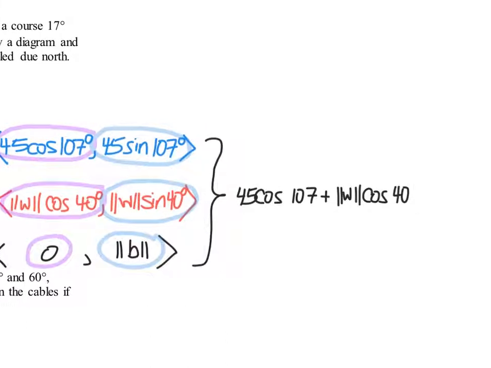And I'm also going to drop the degrees because it's extra effort that I'm unwilling to provide. All right, so that's our first equation. Our second equation would be 45 sine 107 plus magnitude of w sine 40 equals b.